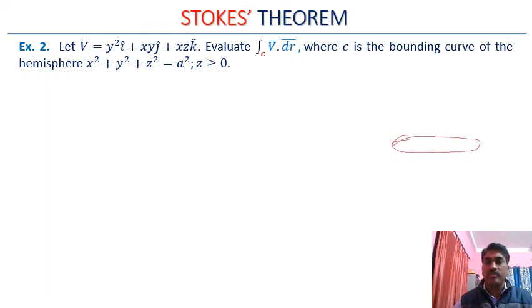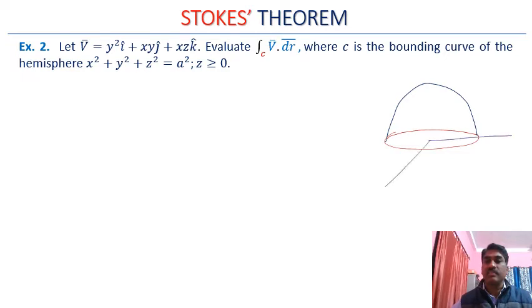Suppose, my drawing may not be very appealing, but just consider that this is the hemisphere, and this is the x-axis, this is the y-axis, and this is the z-axis.